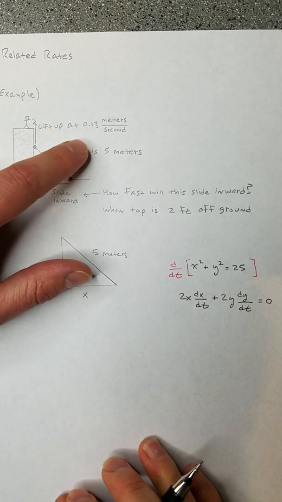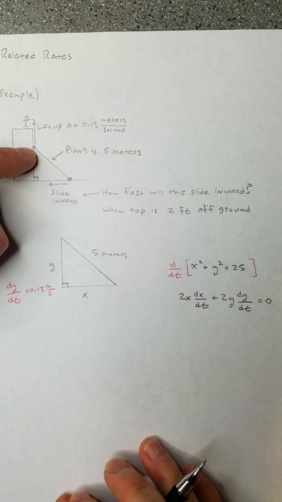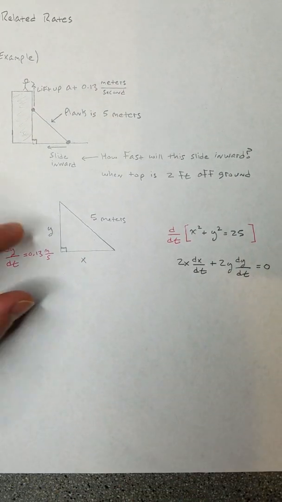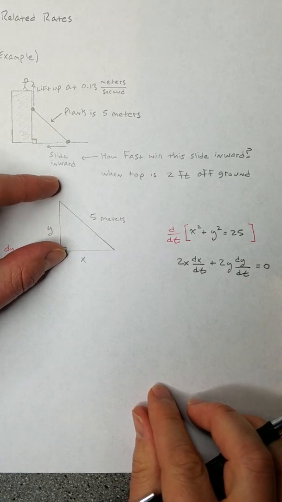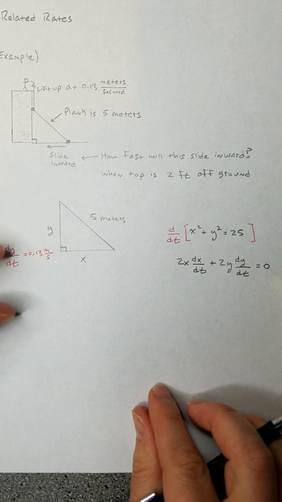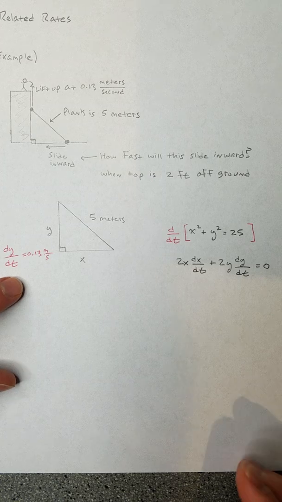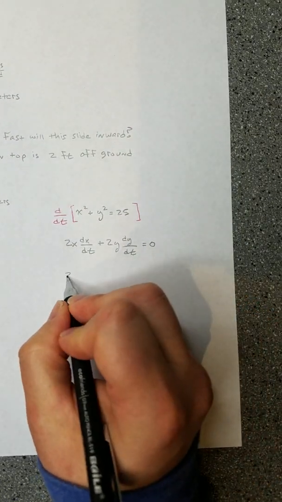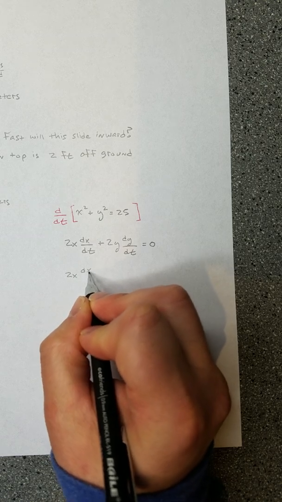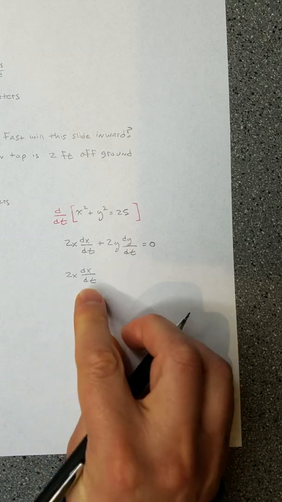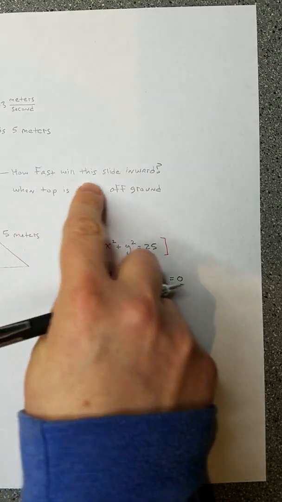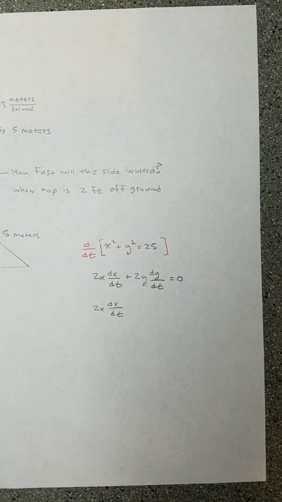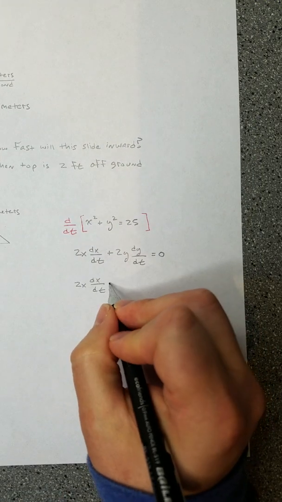As it was told to me how fast this was being pulled up, that's like telling me how fast this vertical height of that triangle is growing, 0.13 meters per second. So, all right, we'll update this then to x dx dt. It turns out that dx dt is what I'm after when I want to know how fast the bottom is sliding inward.